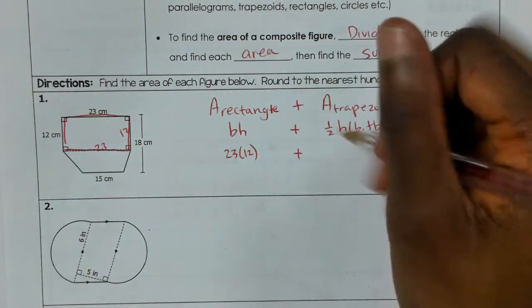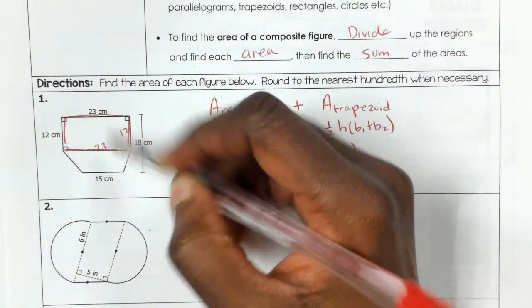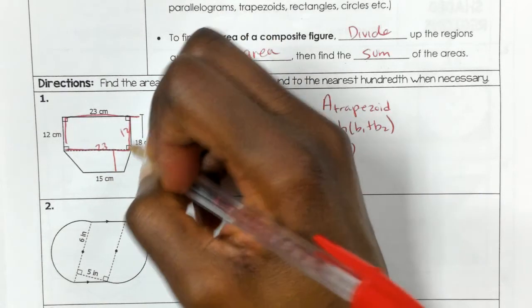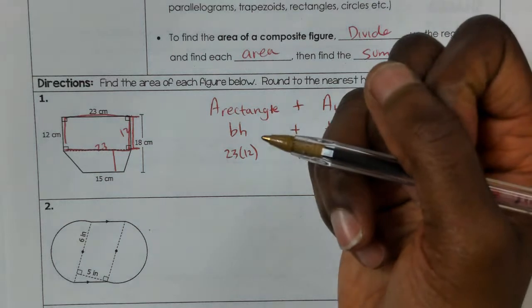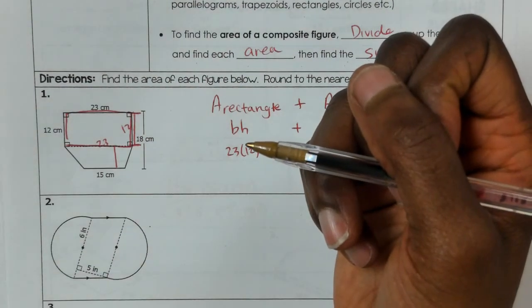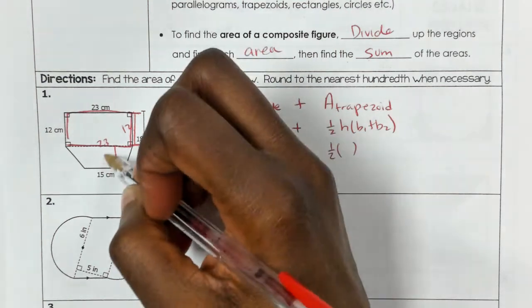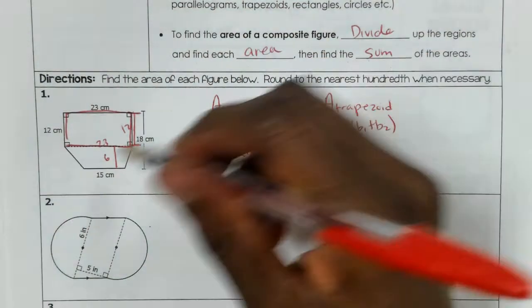The trapezoid's height goes from here to here. This piece is 12 because it's part of the rectangle, and the whole thing is 18, so this part would be 18 minus 12, or 6. And then the bases are these two sides.